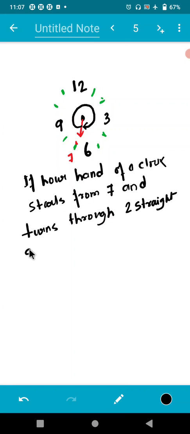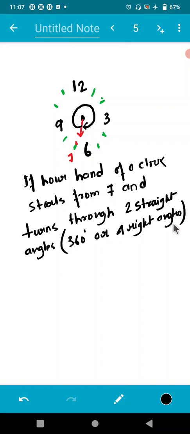Now 2 straight angles, in brackets you can write 360 degrees, or you can write 4 right angles. Okay, that will be easier to understand. So 2 straight angles means 360 degrees or 4 right angles. So it will stop at 7 only.